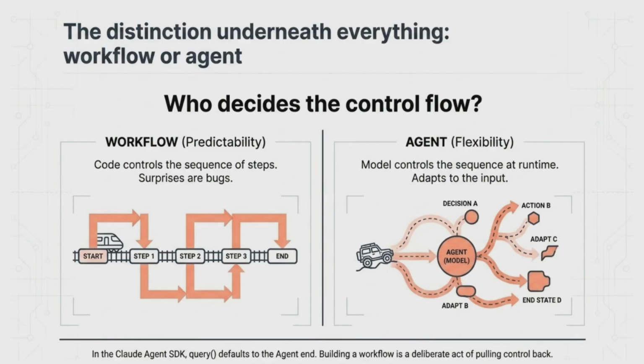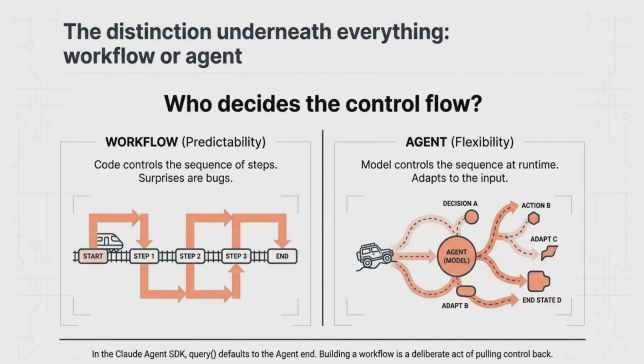The sharpest way to hold that line is to ask one question: who decides the control flow? If your code fixes the sequence of steps, it is a workflow. If the model can change the sequence at runtime, deciding which tool to call next and when to stop, it is an agent. That single test, who controls the flow, sorts every pattern into one of two families, and it is the most useful distinction in the whole essay.